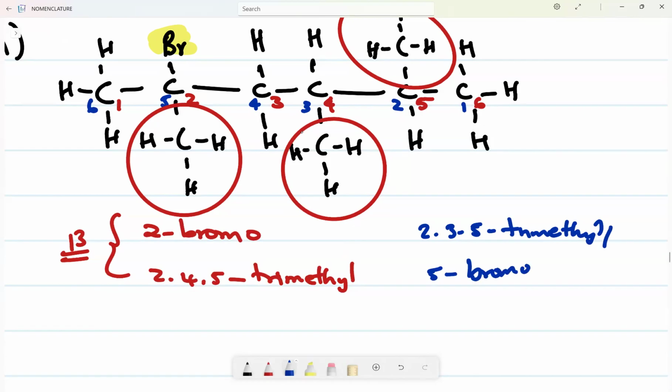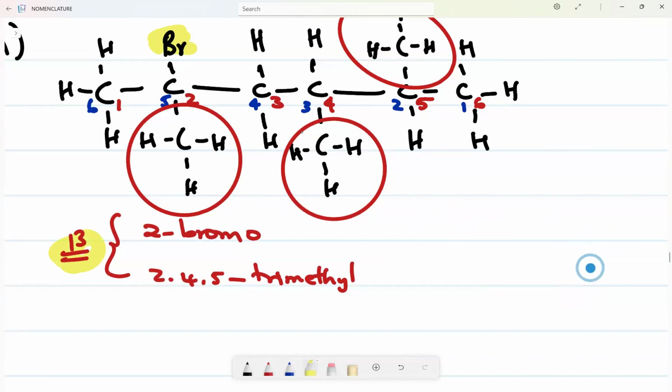So when I add this, in total, 2 plus 3 plus 5 is 10, then 10 plus 5, it is 15. So which one gives me the smallest? This one. So I'm going to continue with the red one.